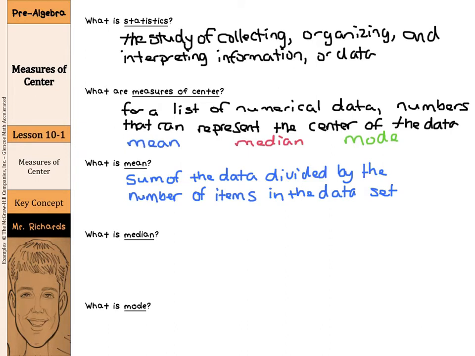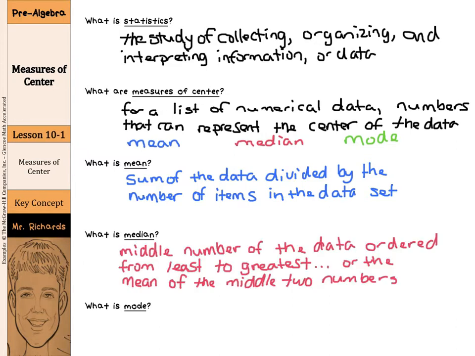To calculate mean, we take the sum of the data and divide it by the number of items in the data set. To find the median, you look for the middle number of the data as long as it's ordered from least to greatest. Now sometimes you have two middle numbers, so you take the mean of the middle two numbers.